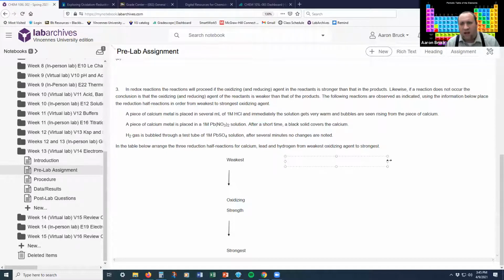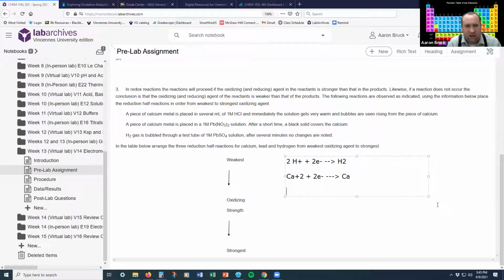So what we're looking at here are reduction half reactions. We would be looking at the hydrogen ion adding electrons to become hydrogen. We would be looking at the calcium ion adding 2 electrons to become calcium metal.